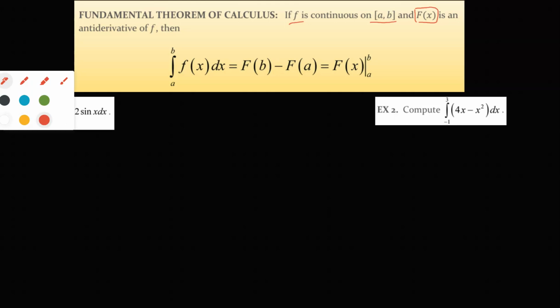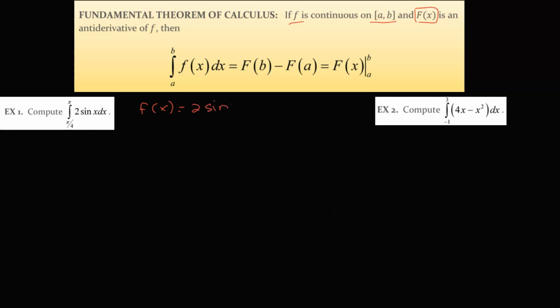Okay, so let's see how this works. Suppose you have a definite integral from pi over 4 to pi. We read this as the integral from pi over 4 to pi of 2 sine x dx. So 2 sine x is your function little f.